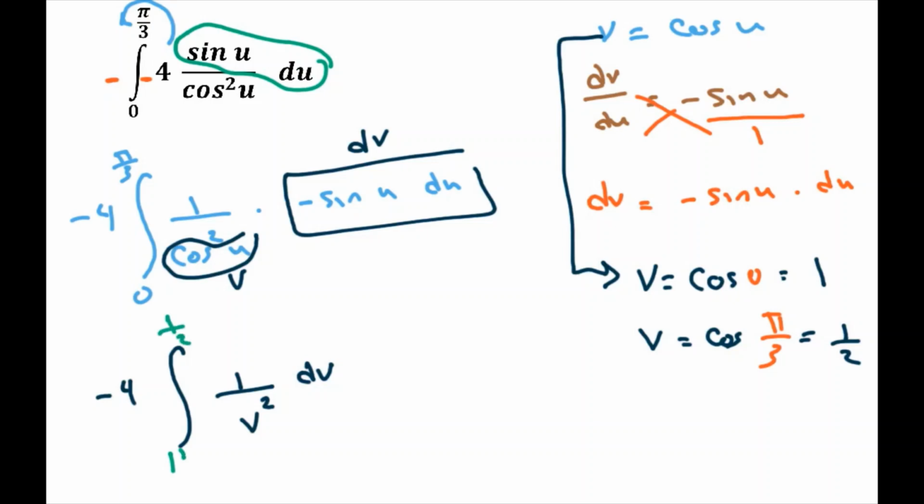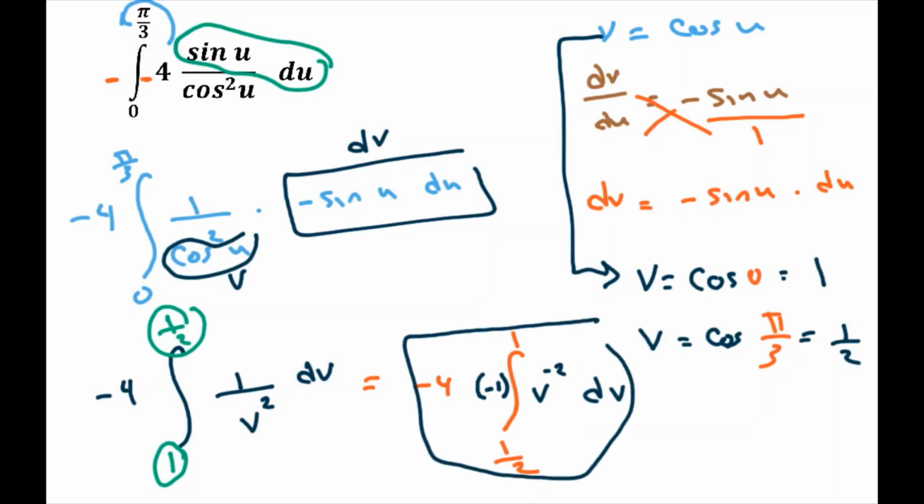Now remember, the lower limit should be less than the upper limit. The integration from a to b will be equal to negative the integration from b to a, right? So what we are going to do, we will say it's equal to negative 4 times the integration from 1/2 to 1, and I need a negative 1 here, so v to the power of negative 2 dv.